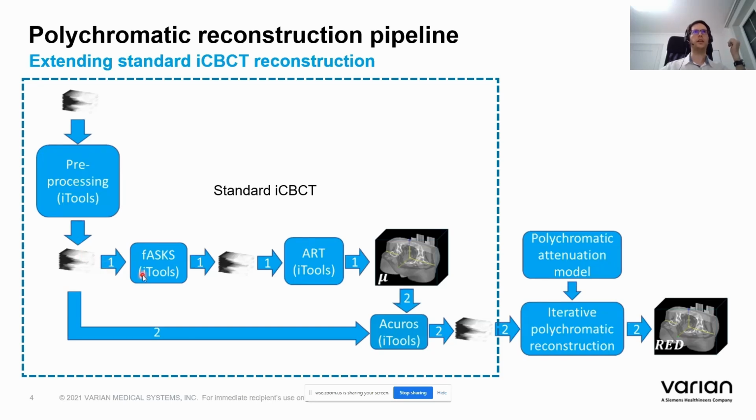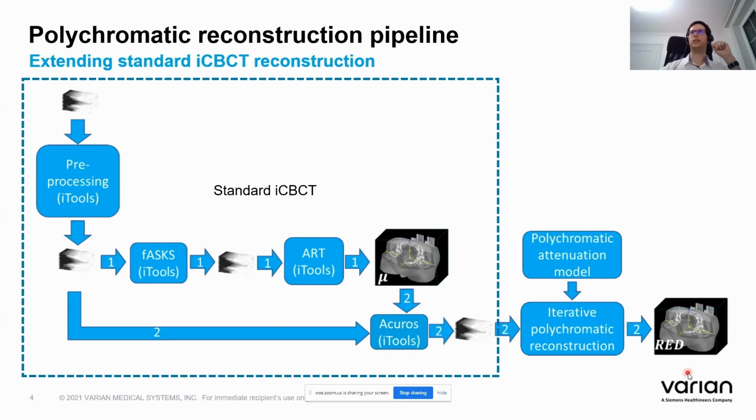In the first stage, we use kernel-based scatter correction and reconstruct an initial HU volume. Subsequently, we use this volume as an input for the Acuros scatter correction in the second stage. Acuros provides a polychromatic object scatter estimate by solving the linear Boltzmann transport equation based on the HU input.